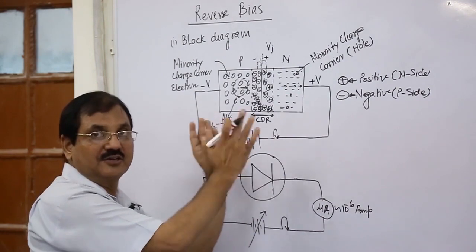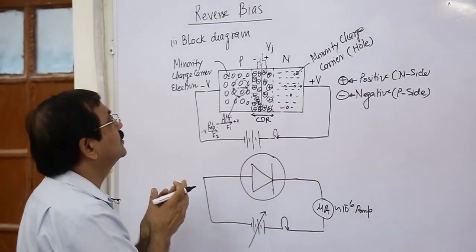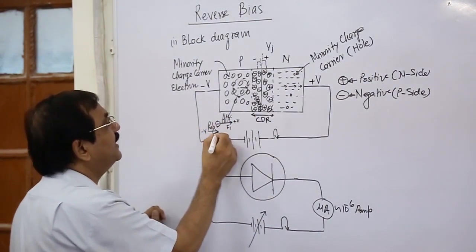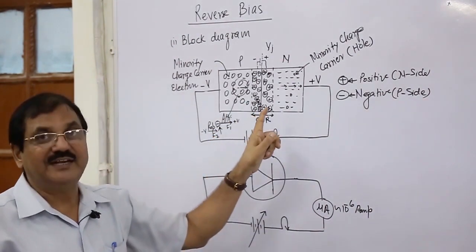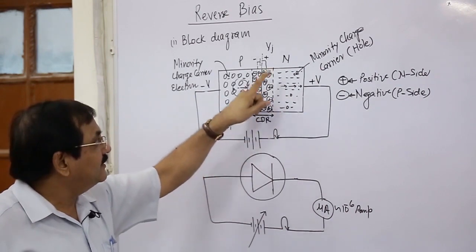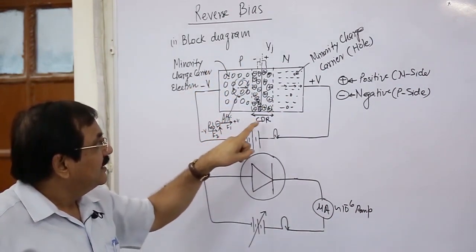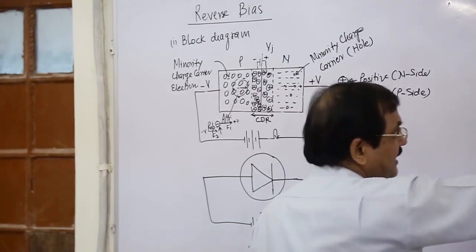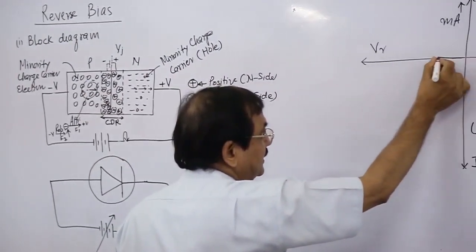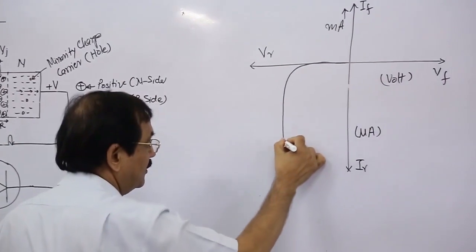In this way the current is due to the minority charge carriers, and the plot of the flow can be represented in this way.